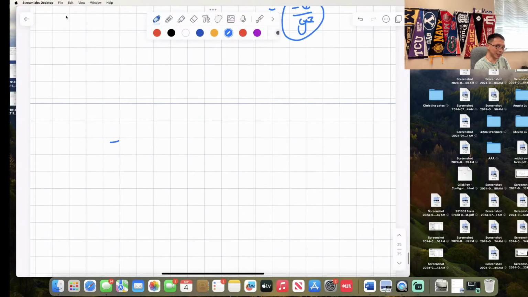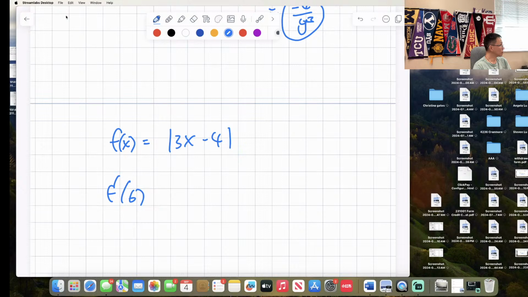Another thing is like it says f of x equals the absolute value of 3x minus 4, right? And I say, hey, what is f prime of, I don't know, 6? What will that be? What's f prime of 6?